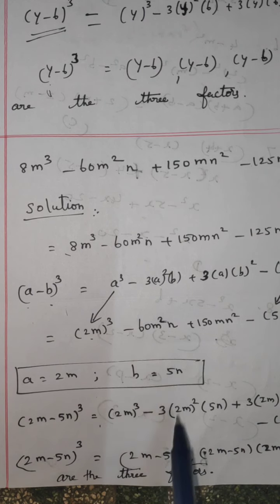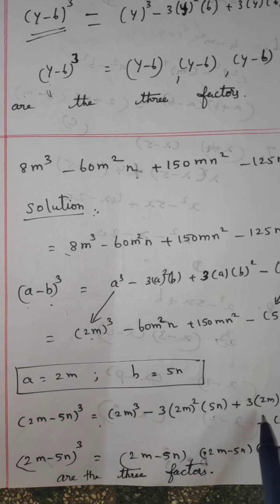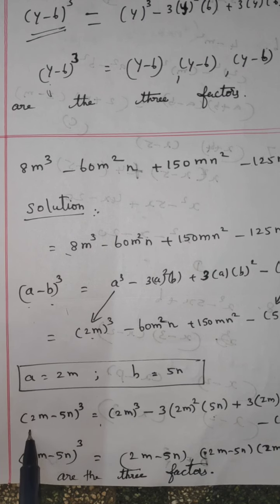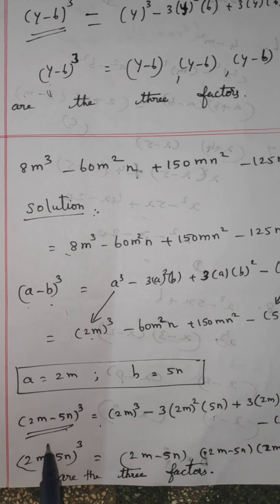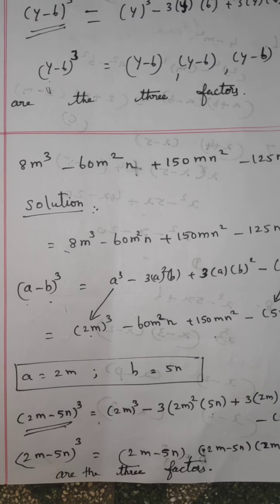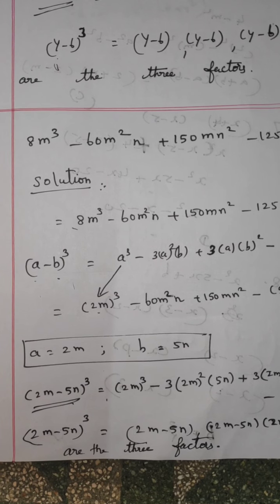You see very carefully. 3 into (2m) whole squared into 5n plus 3 into 2m into (5n) squared minus (5n) cube. Now this one only select, the remaining no need there. (2m minus 5n) whole cube: for this, given the number 3, you write 3 times (2m minus 5n), (2m minus 5n), (2m minus 5n) are the three factors.